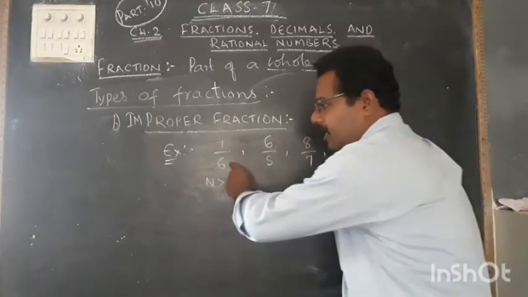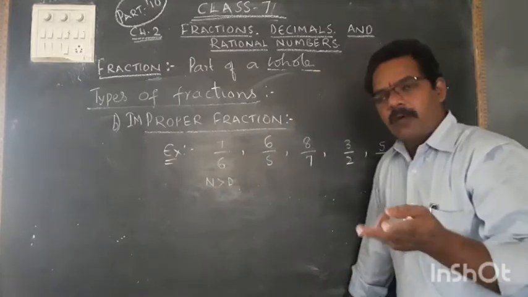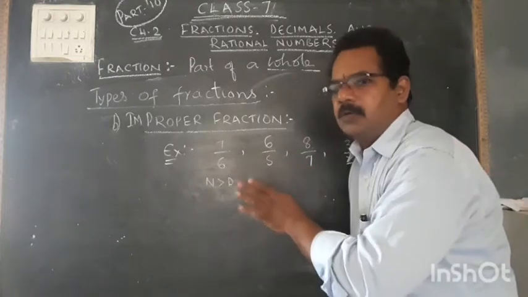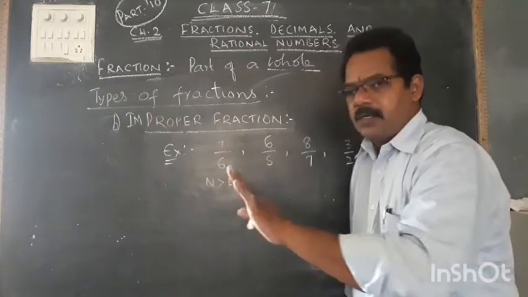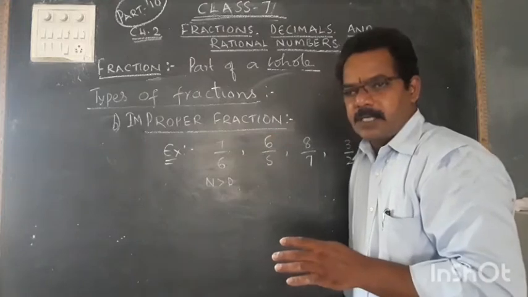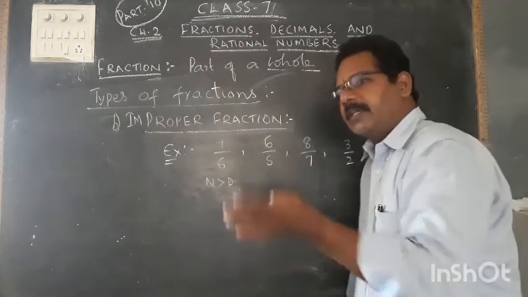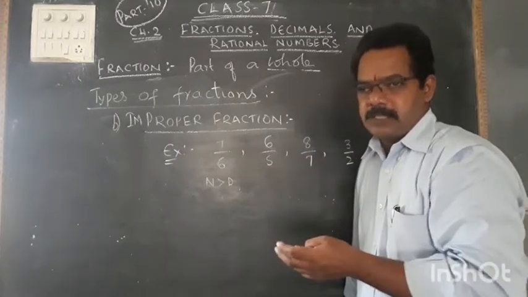Mixed fraction means here one apple or one object is not sufficient. We have to take 2 objects. Each object we have to make into 6 parts. Then the first 6 parts are over, and from the second object, 1 part we are taking. Understand? That means one complete object is taken, and after that, in the second object, we have taken one part out of 6 parts.